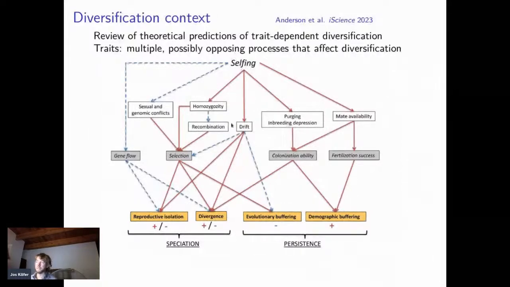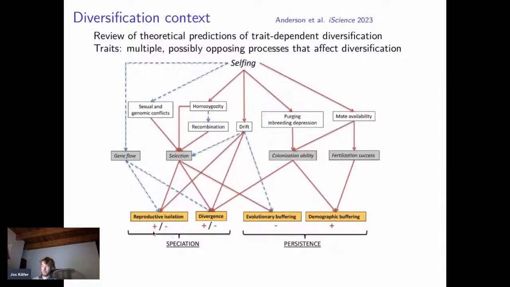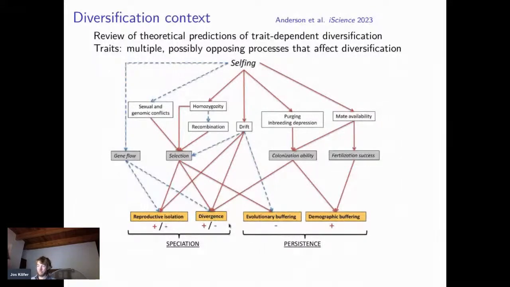I will not go into detail here, but you can follow the arrows and see whether there is a clear prediction that the trait influences, like reproductive isolation, which will increase speciation. But for selfing there isn't. For divergence there isn't either.